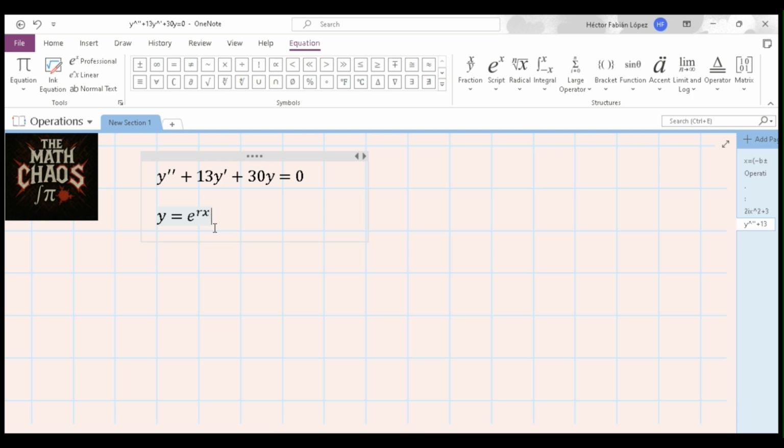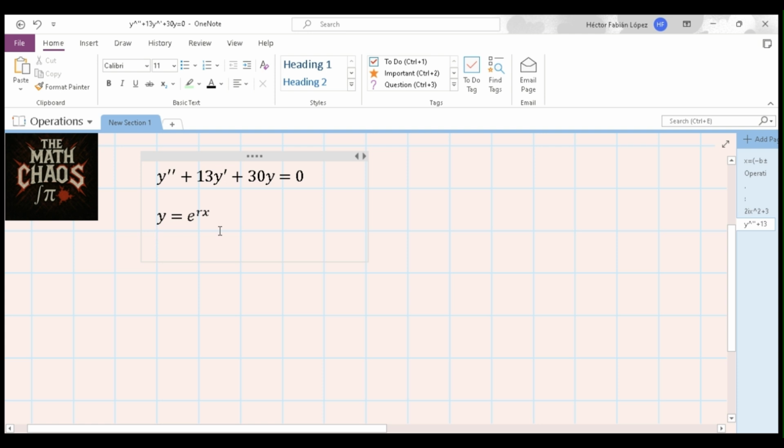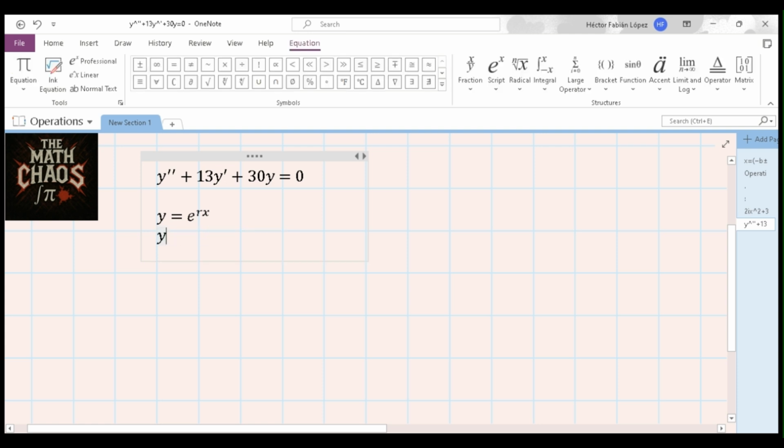Then, what we are going to do is find the first derivative. It's easy because we only need to use the chain rule. The derivative inside of rx is r, times the derivative of the outside part.